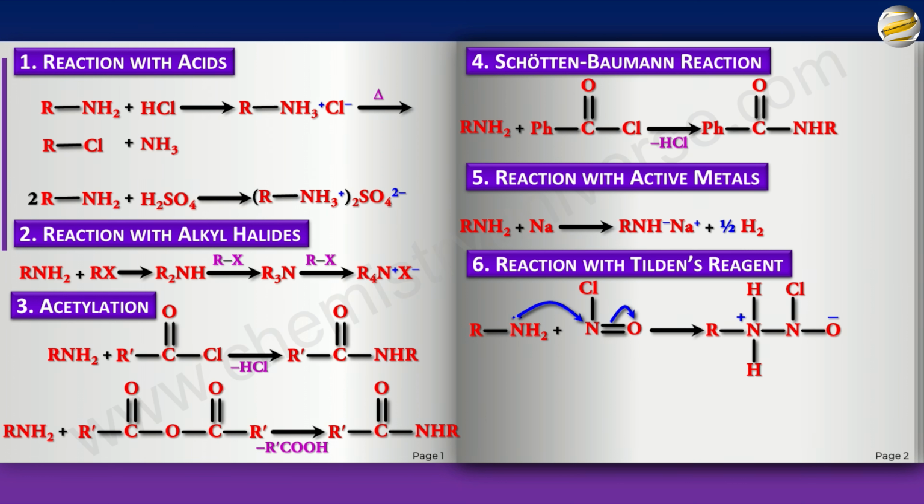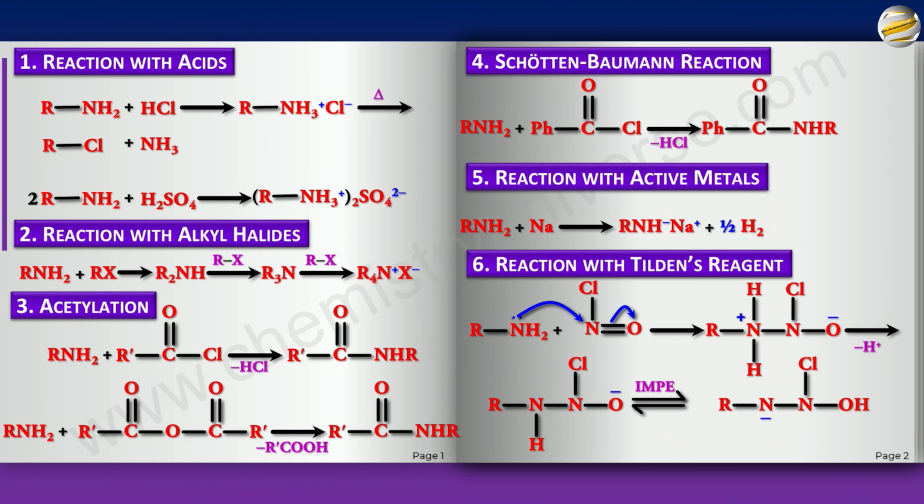So what happens is it simply releases an H plus to the solvent, and you get this. Now O minus, before the O minus comes back, that is of course an intramolecular proton exchange, and you get the OH. Nitrogen becomes minus. Now the nitrogen is the one that will release the Cl, and you are going to get something like this. And this will take the H plus from the solvent that was given away, so that you can get water.